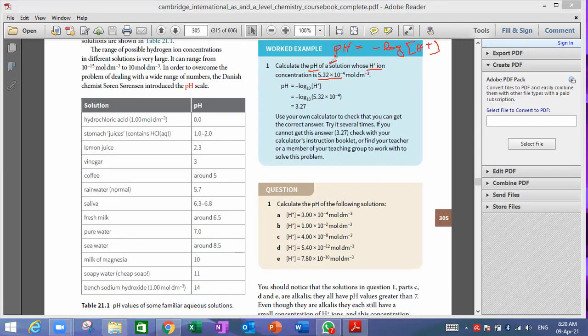The P letter means minus log. And this is, of course, an arithmetic function. So we put on our calculators minus log and put this value between brackets and get the value. It is 3.27, which means that this solution is acidic because it is less than 7.